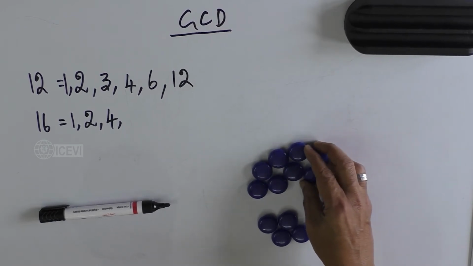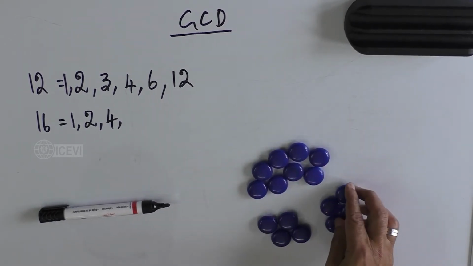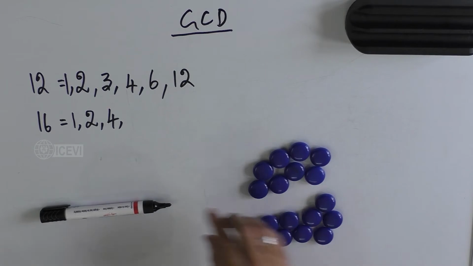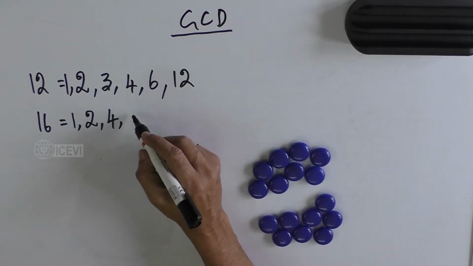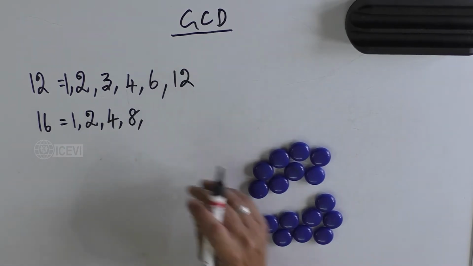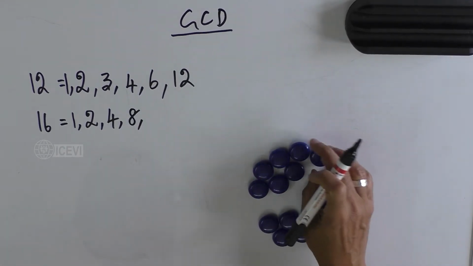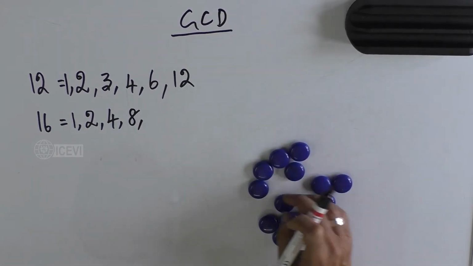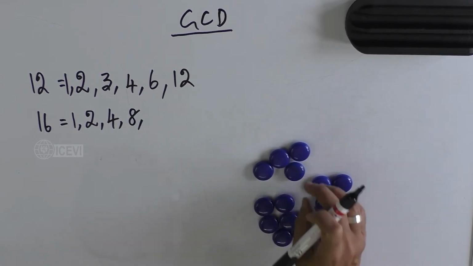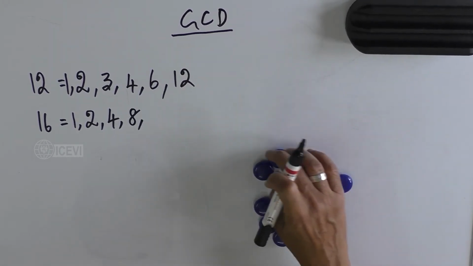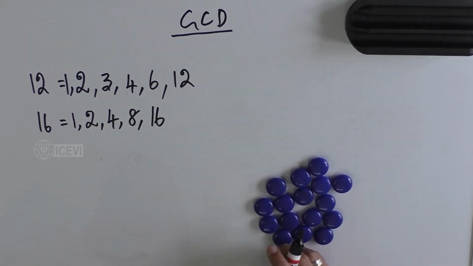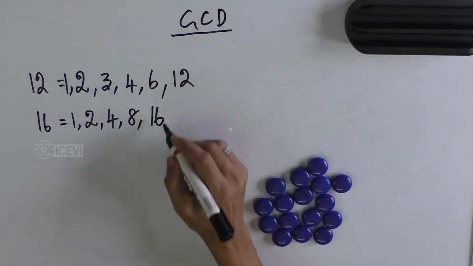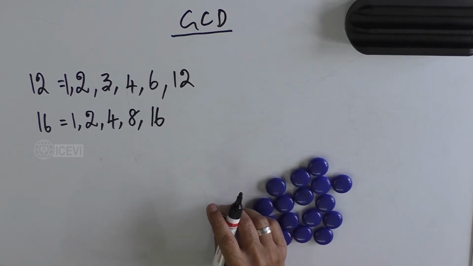No. 8. 8 is a divisor because when you group 16 in terms of 8, you don't get a remainder. So what about 9? Can't be. 10? No. 11? No. 12? No. 13, 14, 15, 16. So the next one is 16, the number itself. So you cannot go beyond 16.